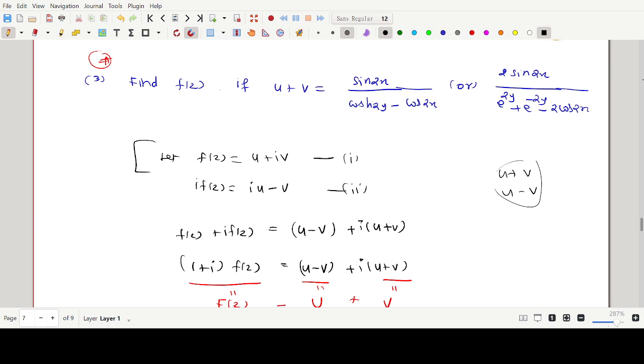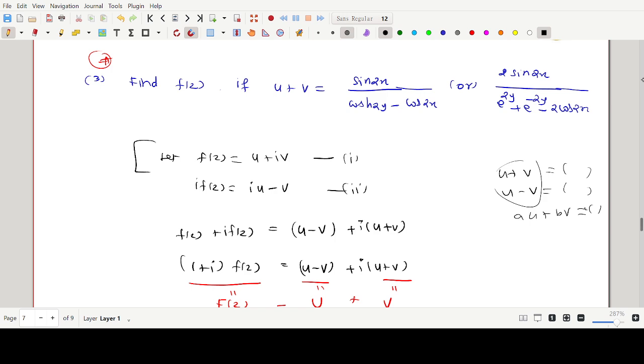So u is the real part and v is the imaginary part. The sum of the real part and the imaginary part, or the difference of these two harmonic functions, is given. u and v are also harmonic functions, right? The sum of two harmonic functions is given, or the difference, or some constant combination a u plus b v. That combination form is given. How to get the corresponding analytic function?